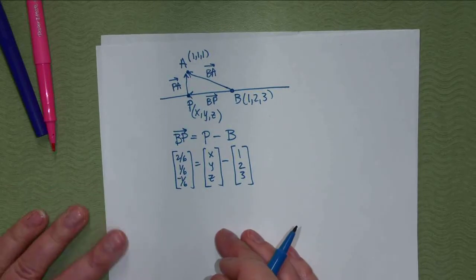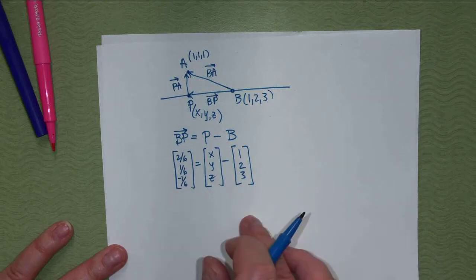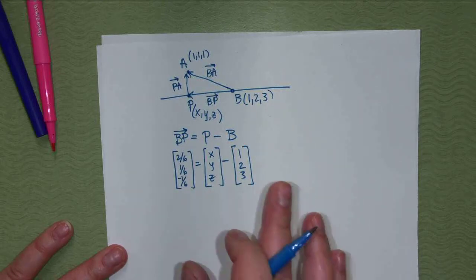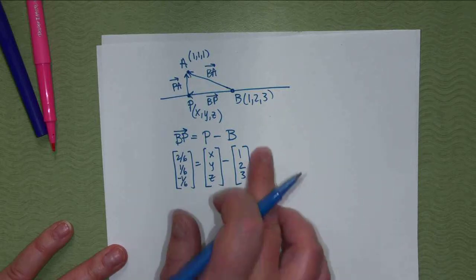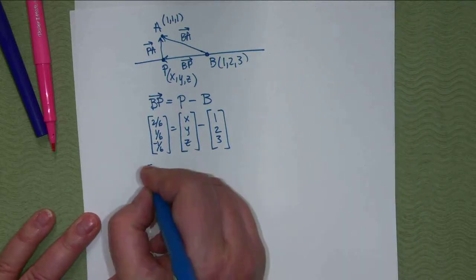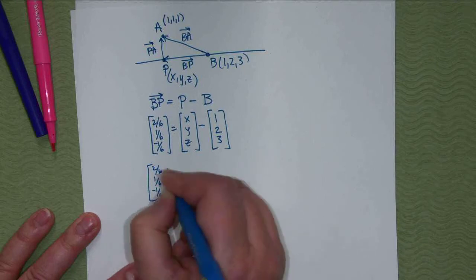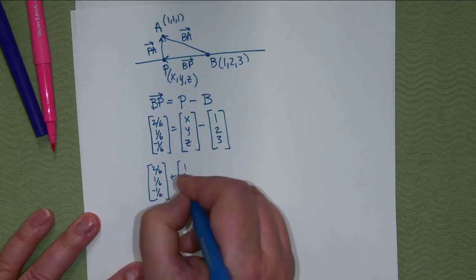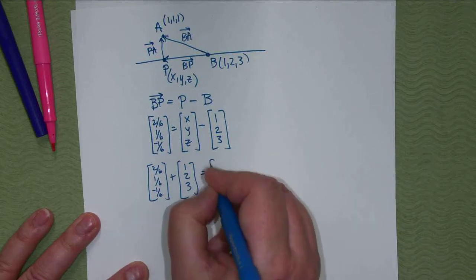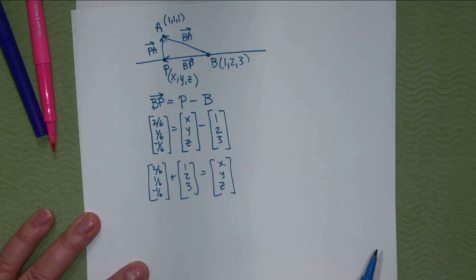Now, I noticed in the book they actually write out the parametric equations and then solve, but I would just rearrange this, like move this vector. It's negative on the right-hand side. Move it over here, so we have 2/6, 1/6 plus 1, 2, 3 is equal to X, Y, Z. Do you see what I mean? Just rearrange it and then solve.